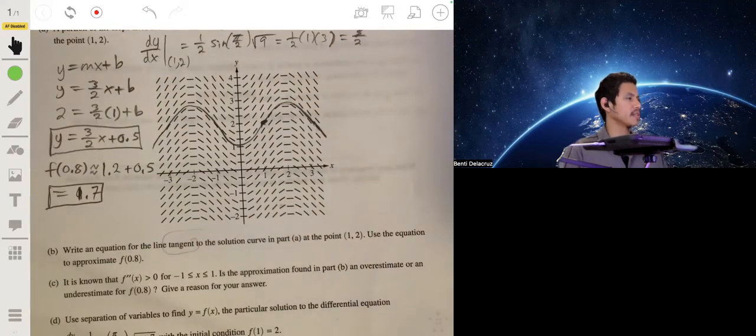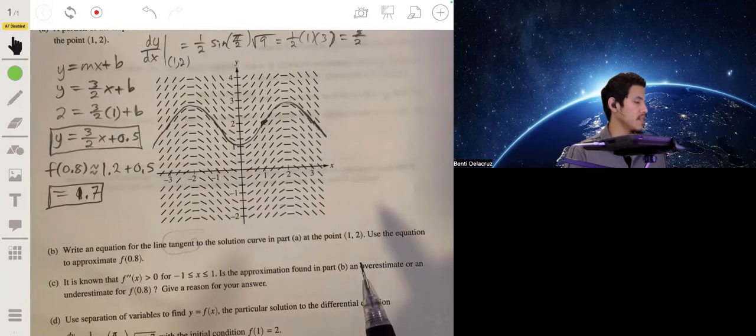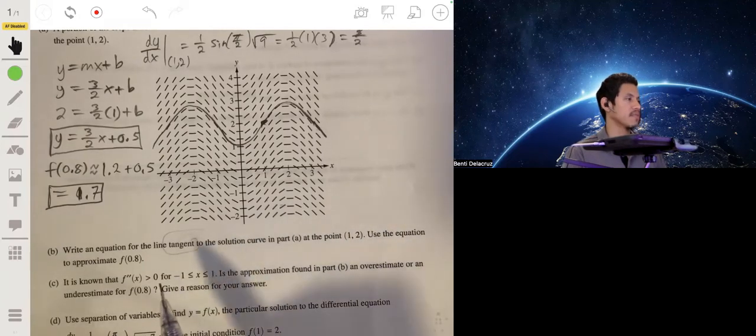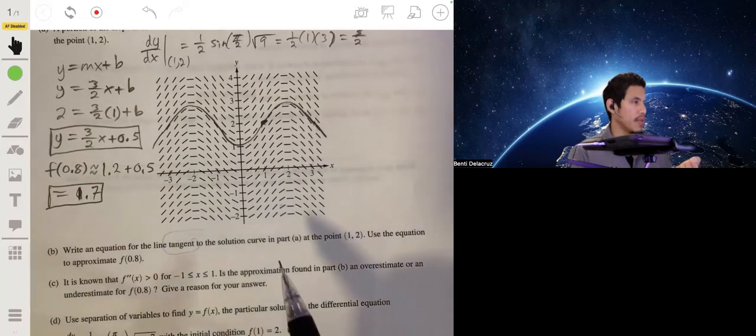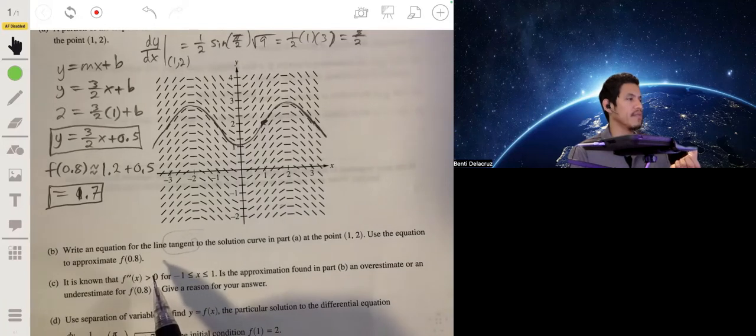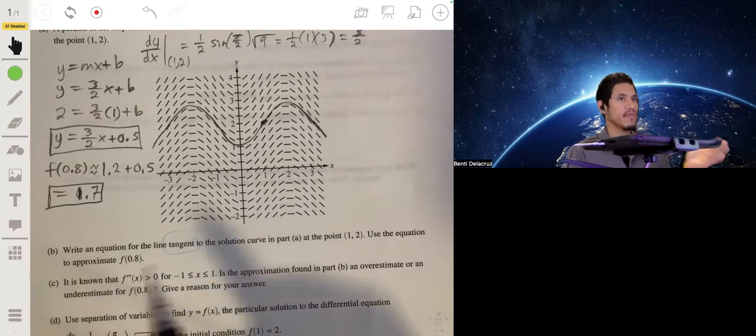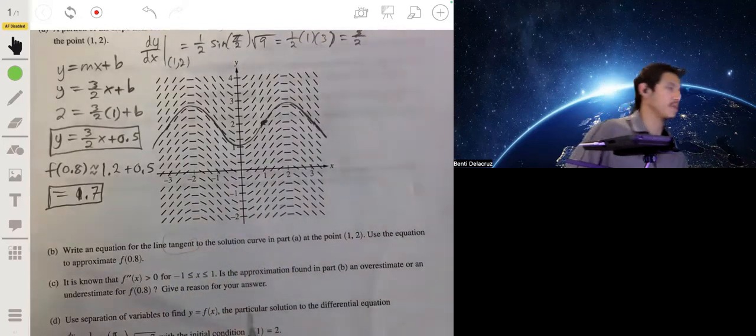Part C: it is known that the second derivative of f(x) is positive on the interval from -1 to 1. Is the approximation found in part B an overestimation or an underestimation for f(0.8)? Give a reason for your answer. Okay, so if the second derivative is positive, that tells you that the first derivative is increasing.